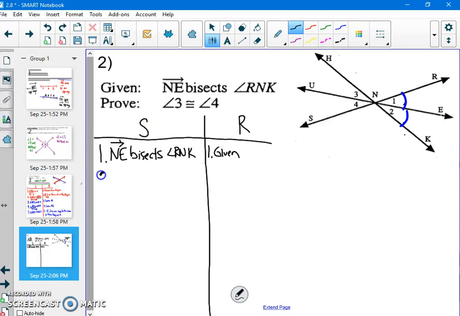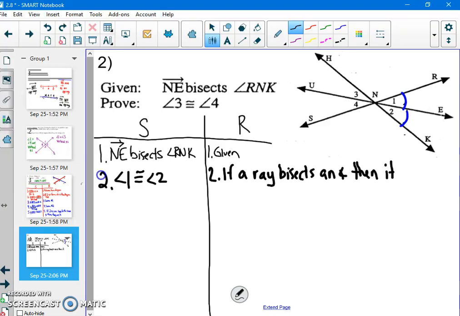Okay, so as I said, angle 1 is congruent to angle 2. And that is if a ray bisects an angle, then it divides it into two congruent angles.